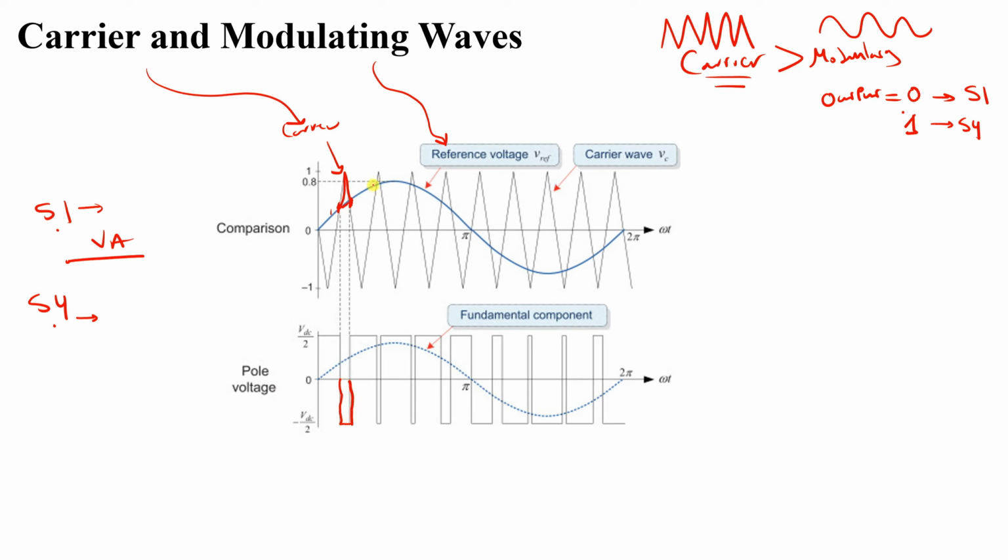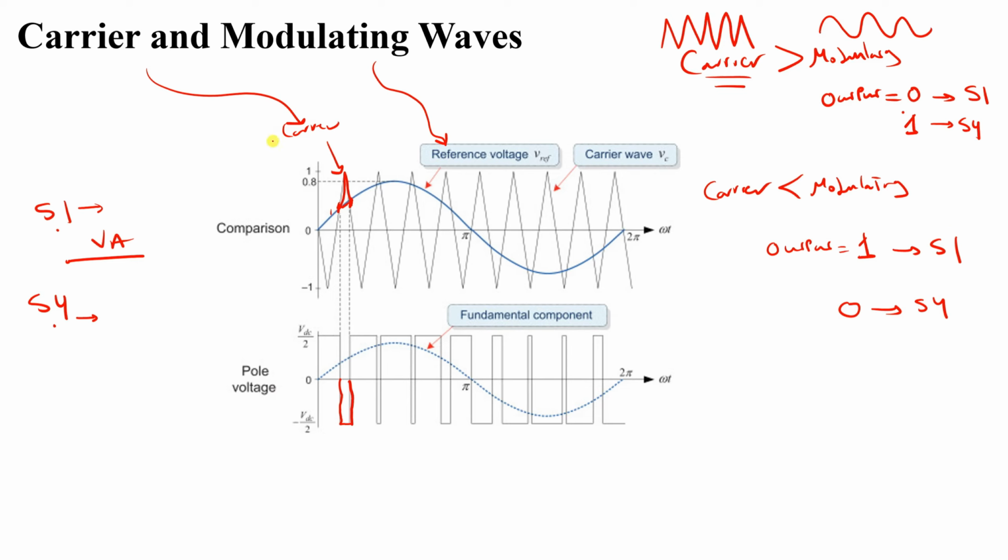Again, let's look at the next one here. You can see this one here is the opposite. If carrier less than modulating, or the modulating signal greater than the carrier, then output will be 1, which means S1 will be on and S4 will be off, which means S1 is connected to the positive of the supply.